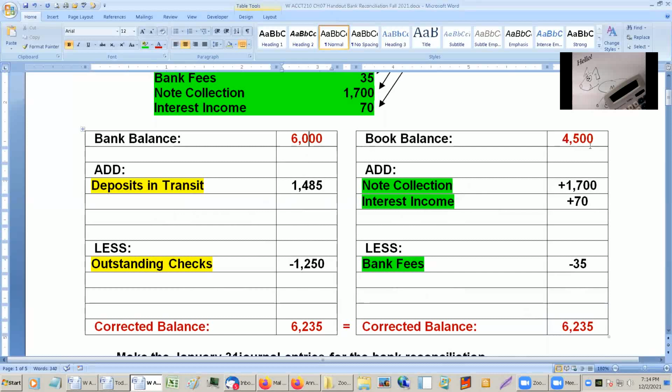So you don't have 6,000, you don't have 4,500, you actually have 6,235. So going into February, that's how much cash you have.